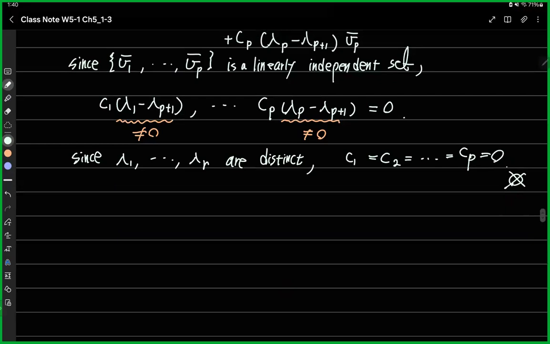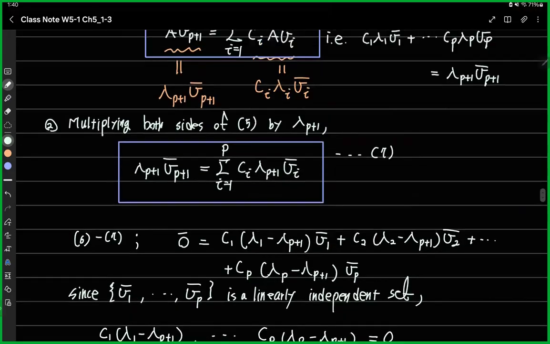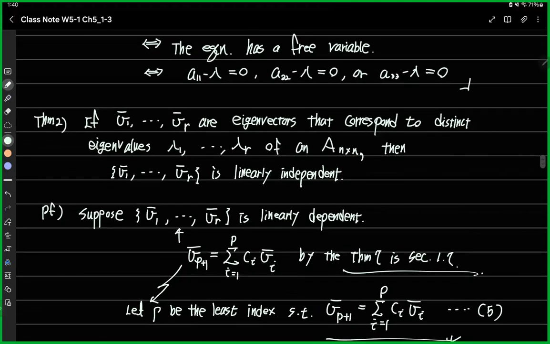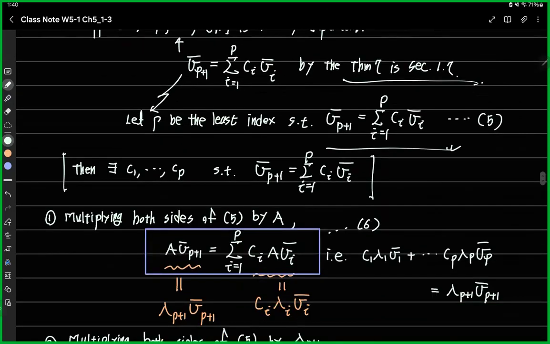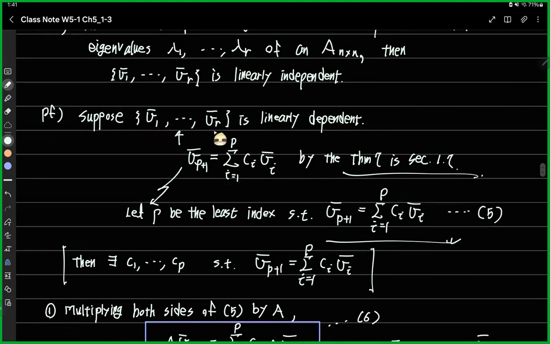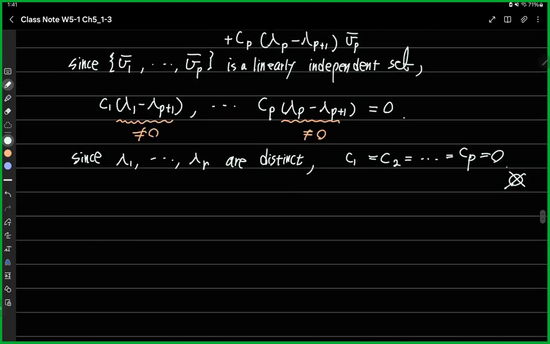Why? Because if C1, C2 up to CP are 0, it means that back to equation 5, V sub P plus 1, this eigenvector turns out to be 0. That's a contradiction. Why? In this theorem, we assume that V1 to Vr are eigenvectors, which means that these vectors must be non-zero vectors. But we got 0 vectors. That's a contradiction. So why did we get the contradiction? Because we supposed that V1 through Vr are linearly dependent. So V1 through Vr must be linearly independent.